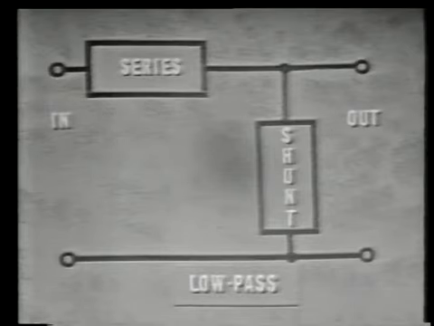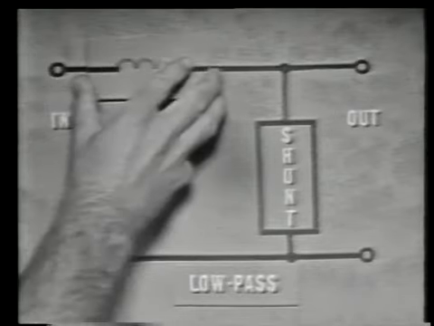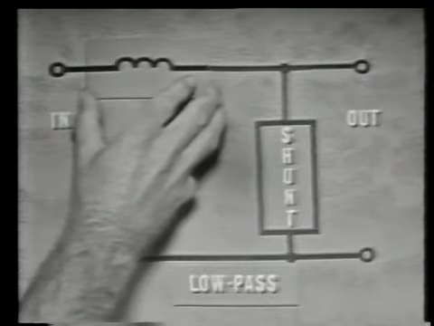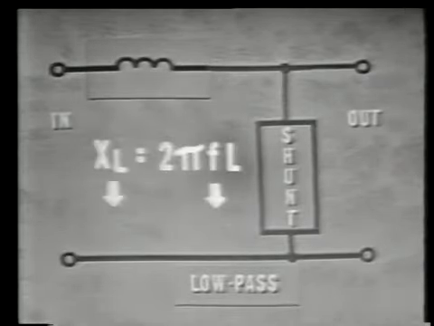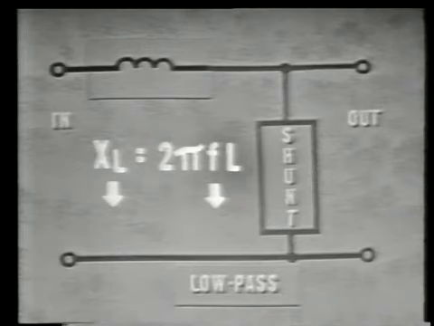The inductor, then, must be our choice for the series component, because at low frequencies its opposition is low. Then too, the series component should be able to reject the high frequencies. The inductor can also do this because its opposition is high at the higher frequencies. So the series inductor is always used to pass low frequencies and to reject high frequencies.